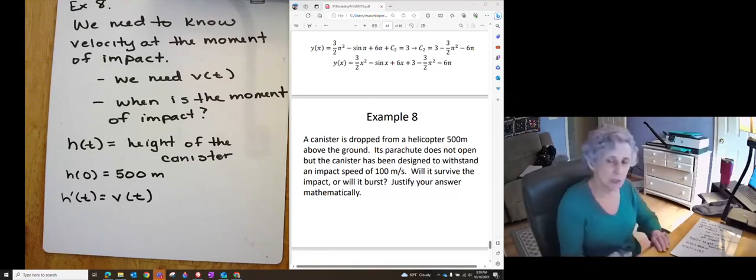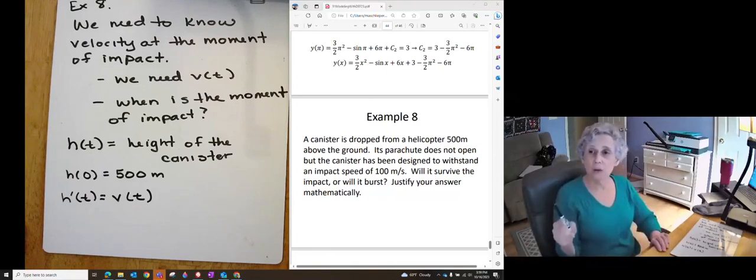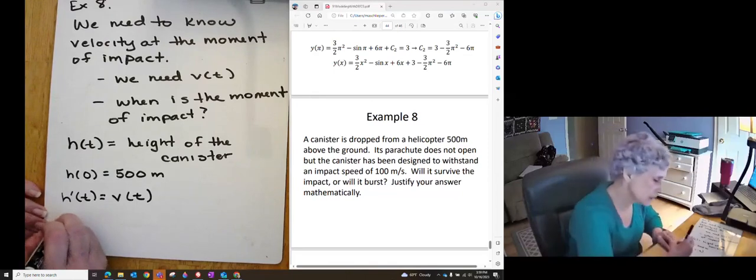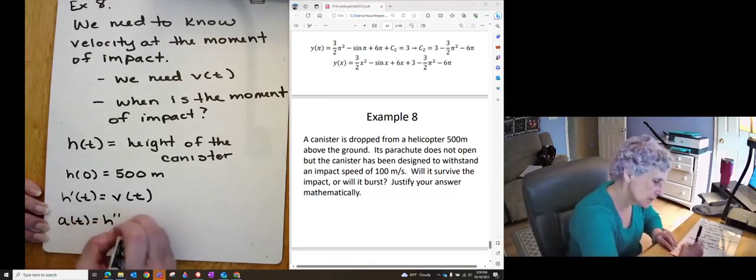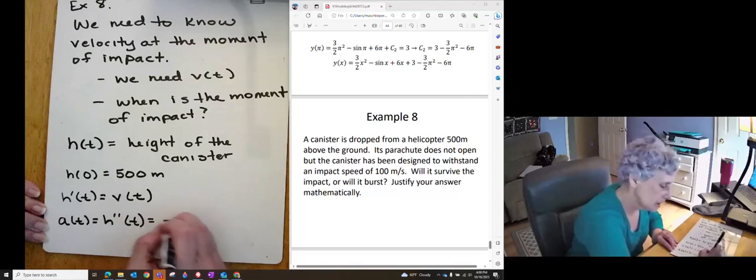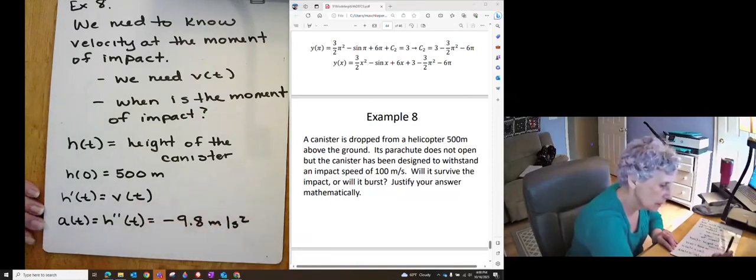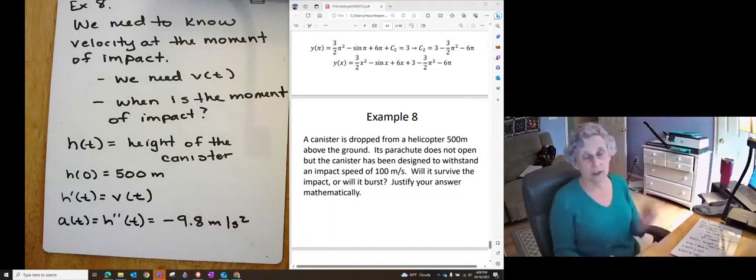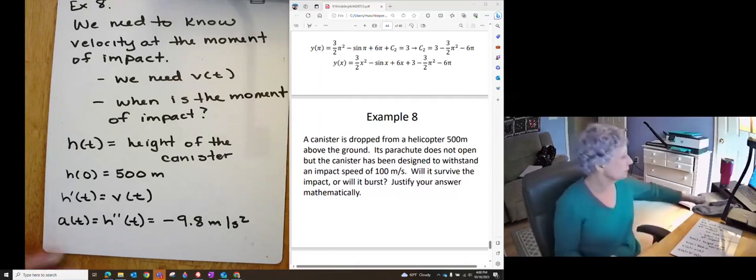We don't know that yet. But we do know that the acceleration due to gravity is 9.8 meters per second squared. So acceleration, the second derivative of the height function, is equal to negative 9.8 meters per second squared. So we're making progress.